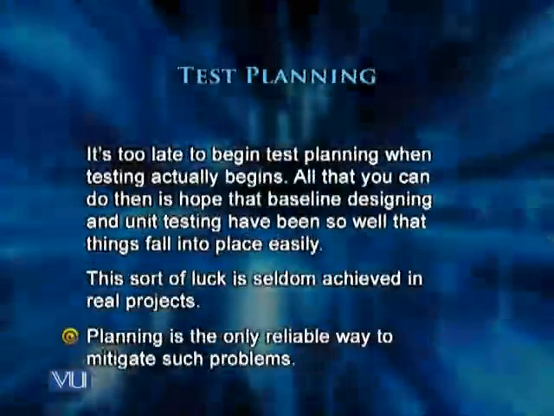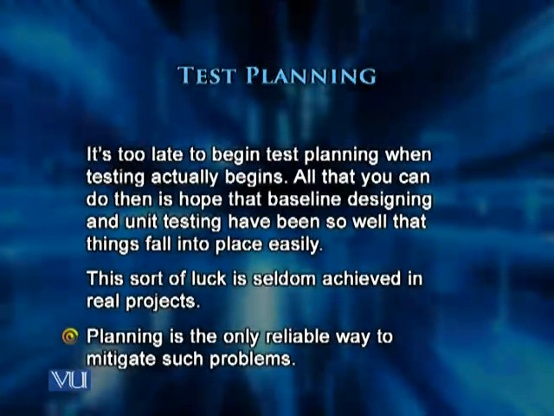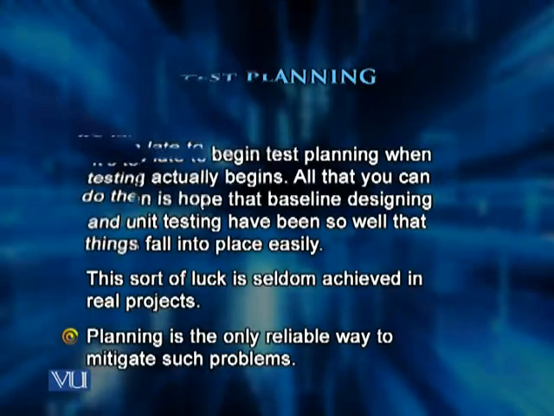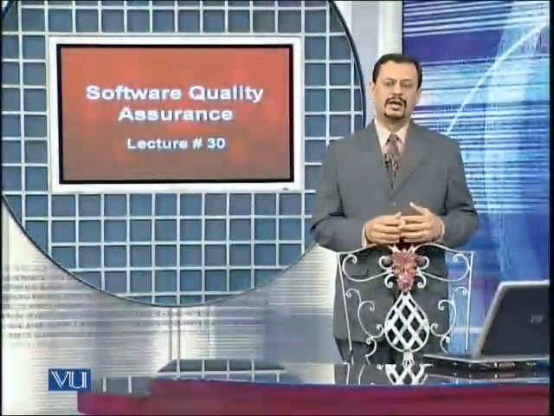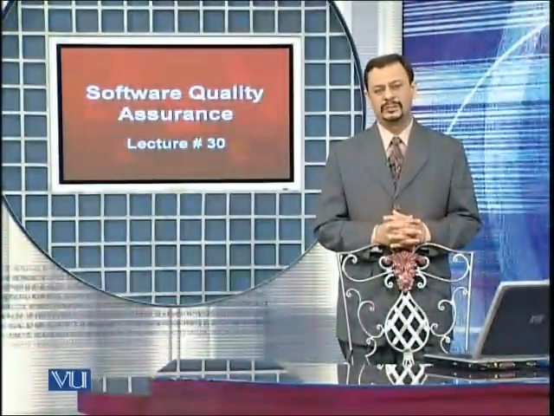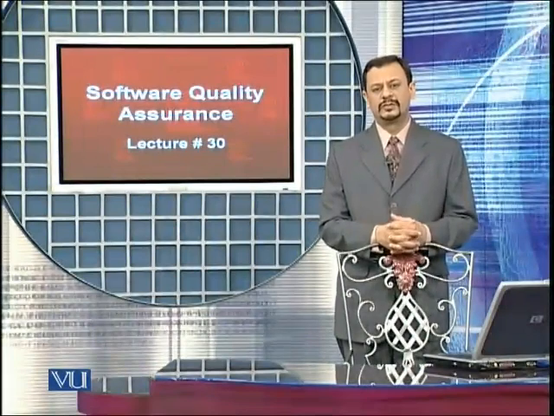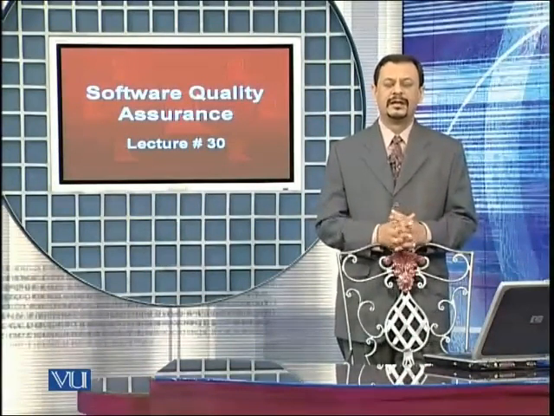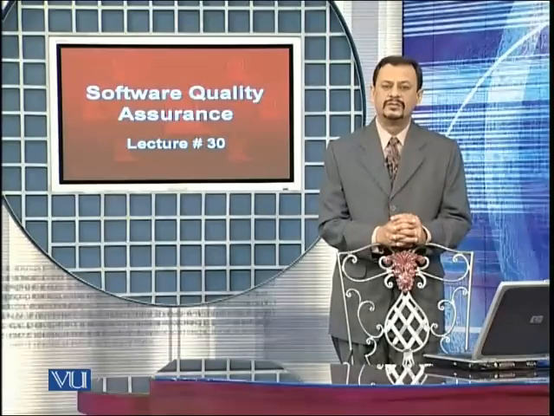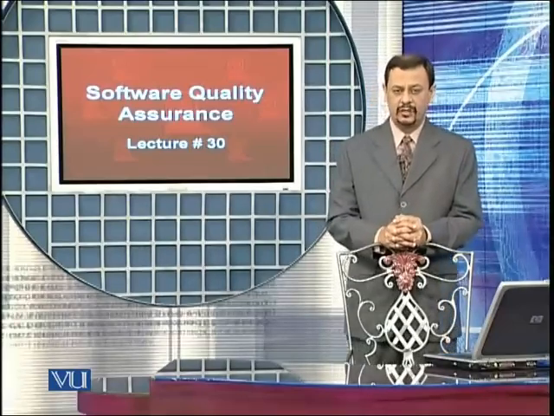So planning is the only reliable way to mitigate such risks, such problems. I tell you that whenever you have not planned for testing appropriately and things are not going well, then things will not go well in testing either, and as a result, the project will be delayed.